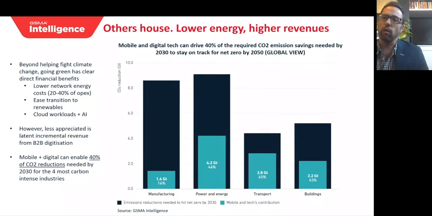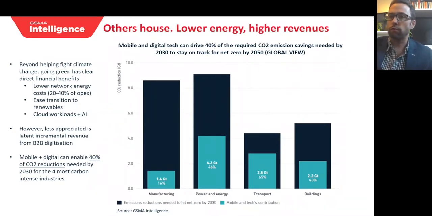And then the other side of the coin is, beyond getting your own house in order to lower carbon emissions there, of course, there's a role to play in enabling other industries to lower their footprint. Scope 3 emissions haven't really been quantified across the sector, but they're estimated to be the largest share of the carbon footprint at sort of 70 to 80%.